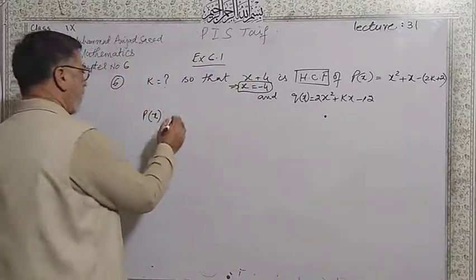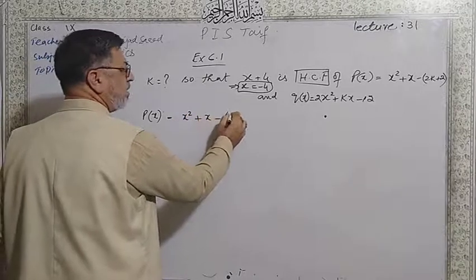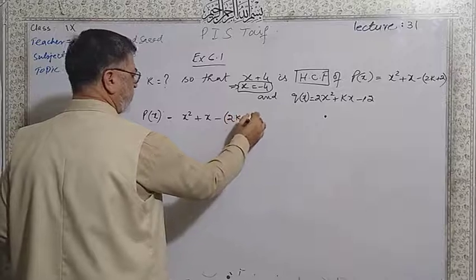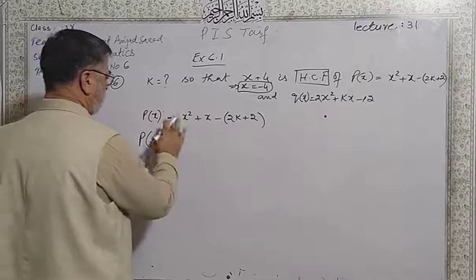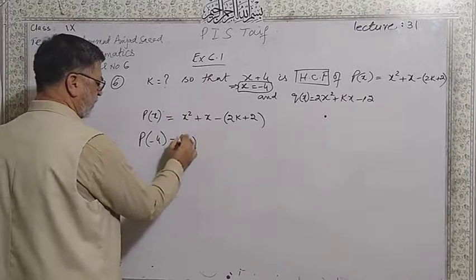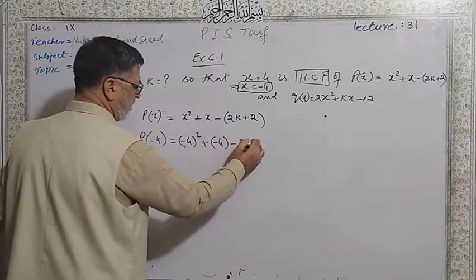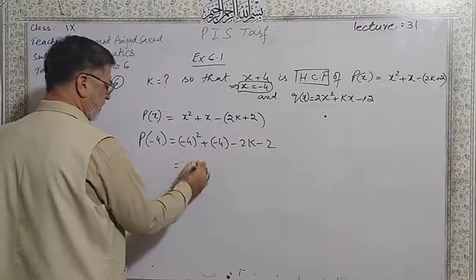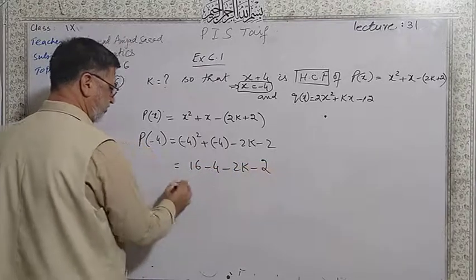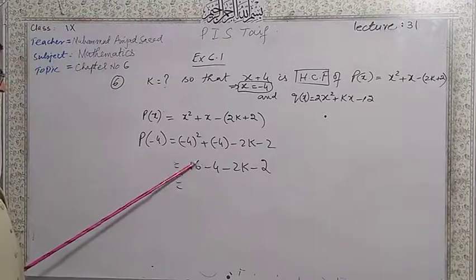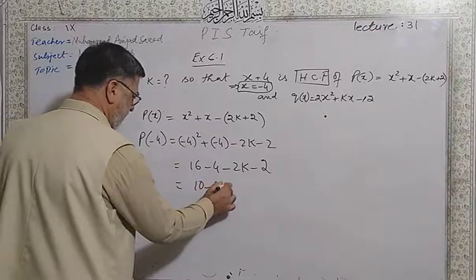So we have P of x is equal to x squared plus x minus (2k plus 2), and applying x as minus 4, we get 16 minus 4 minus 2k minus 2. This will be 16 minus 4 minus 2 is 10, 10 minus 2k.